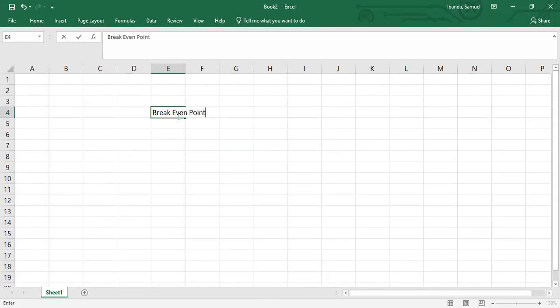This is basically equal to total fixed costs divided by the contribution per unit. Isn't that right? That is the one I was talking about. So how did you get the contribution per unit? I got the sales revenue minus the total variable costs.